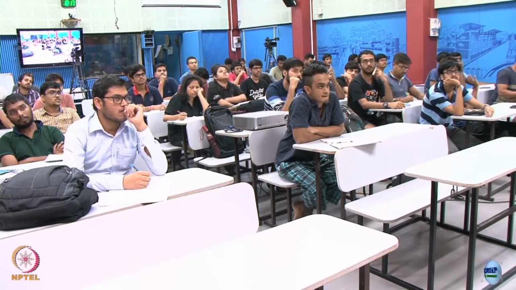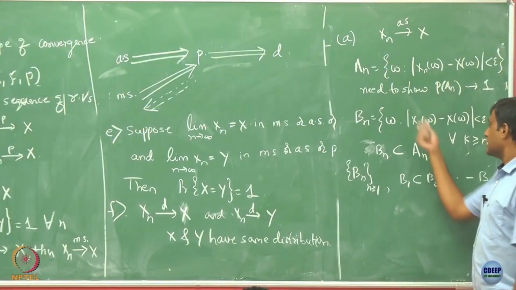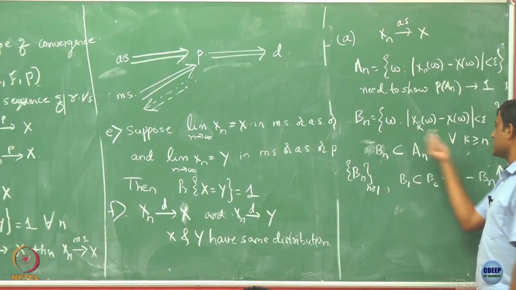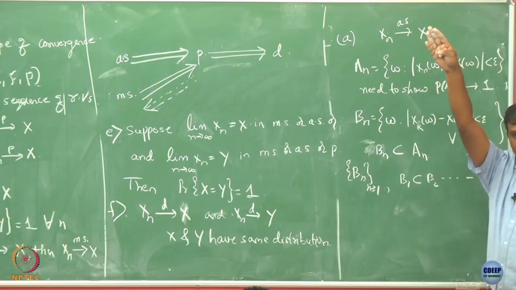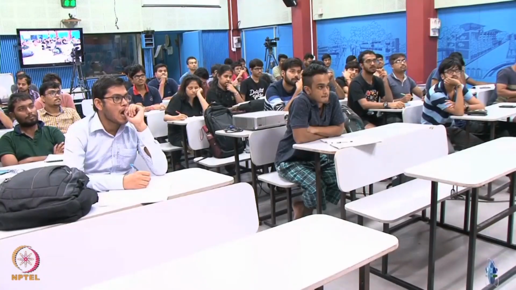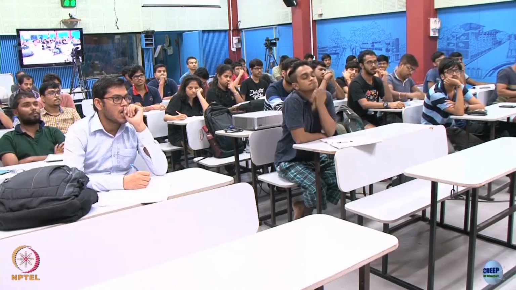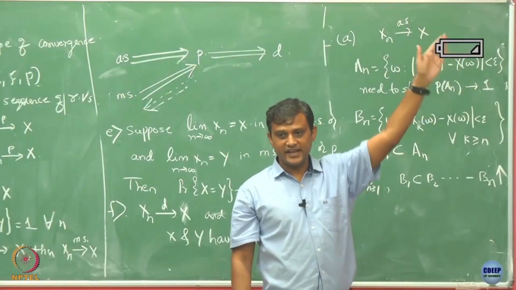So I am looking for all these omegas which satisfy this at only n. Here I am looking for all these omegas which are not only satisfied at n but also at every point after n. And so how are we saying Bn is a subset of An? Let us say something is satisfied at n. Is it necessary that it satisfies at n plus 1 also?